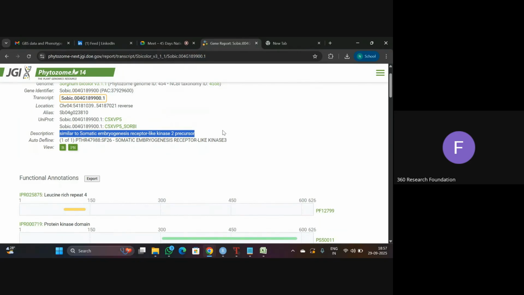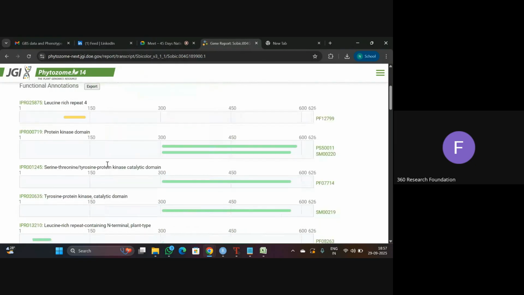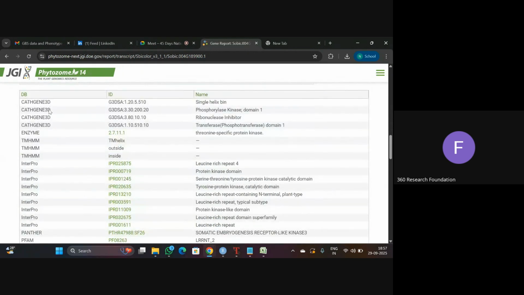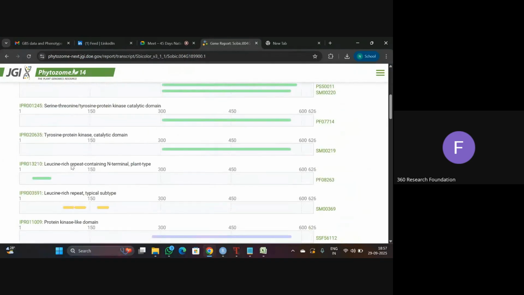If you want to go into detail on the description, you can go to what is called systems biology. Then the functional annotation of that particular gene based on the different databases. These are the different databases and these are the annotations.